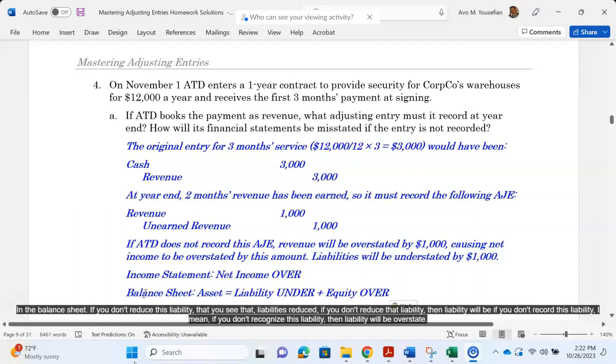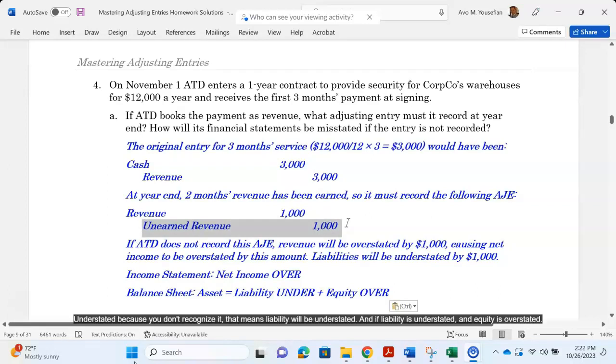In the balance sheet, if you don't recognize this liability, then liability will be understated, because you don't recognize it.